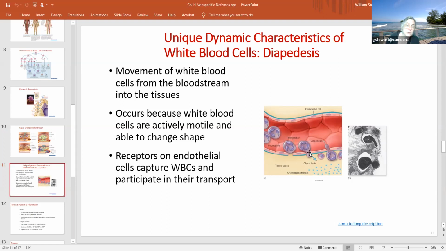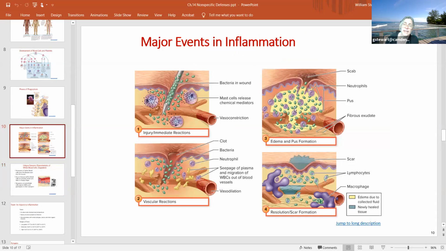Notice the blue arrows, they're following a chemical gradient, okay? We call the factors that are chemotactic are factors that are going to attract macrophages, neutrophils, right? And the chemotaxis is the actual movement of those cells from the blood into the tissue. Once they get in there, notice there's some swelling now and there's pus formation because these cells are doing a lot of work.